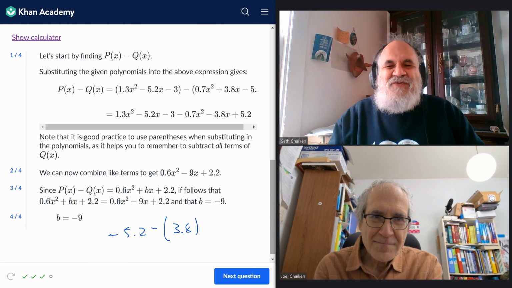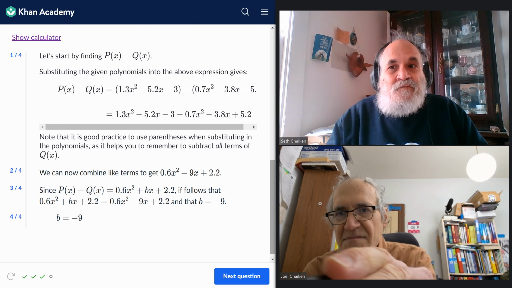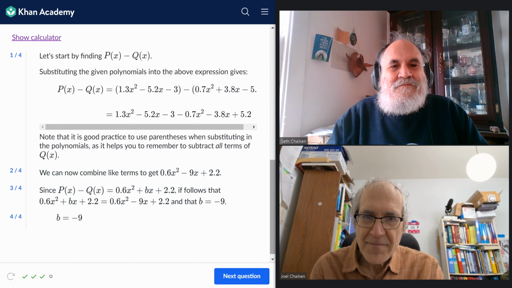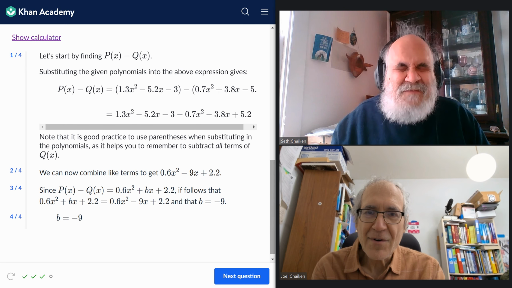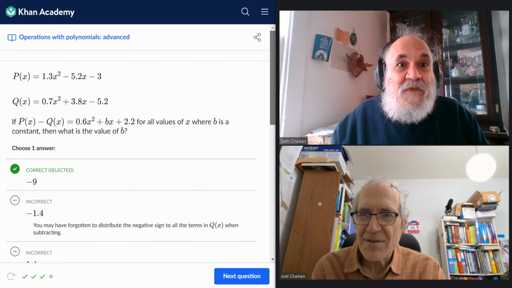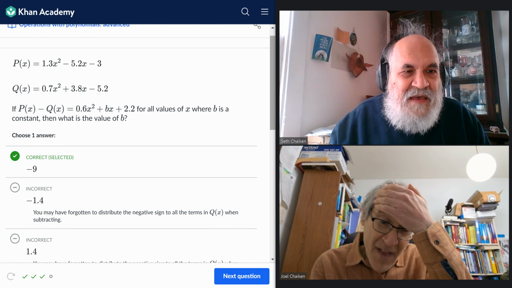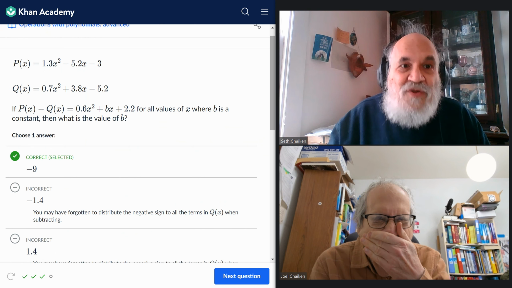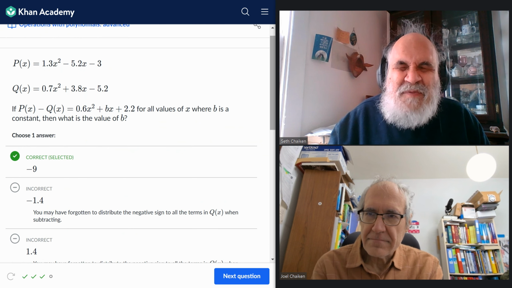Go back. Could you scroll to the original problem? There's the original problem. Excellent. So they display the two polynomials, one on top of each other.